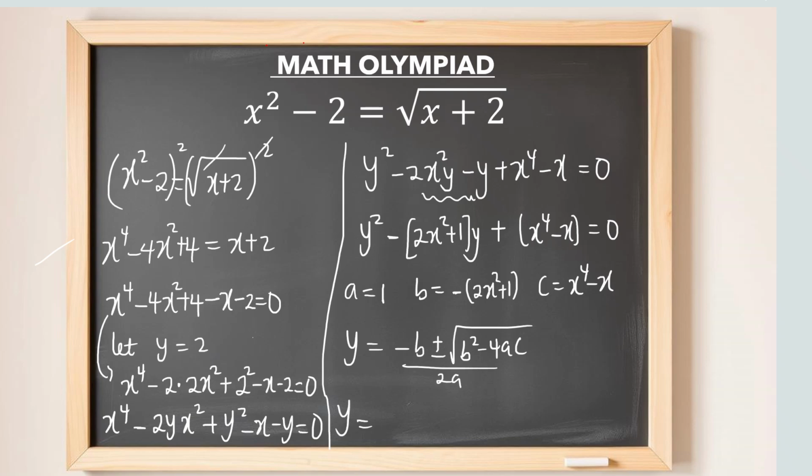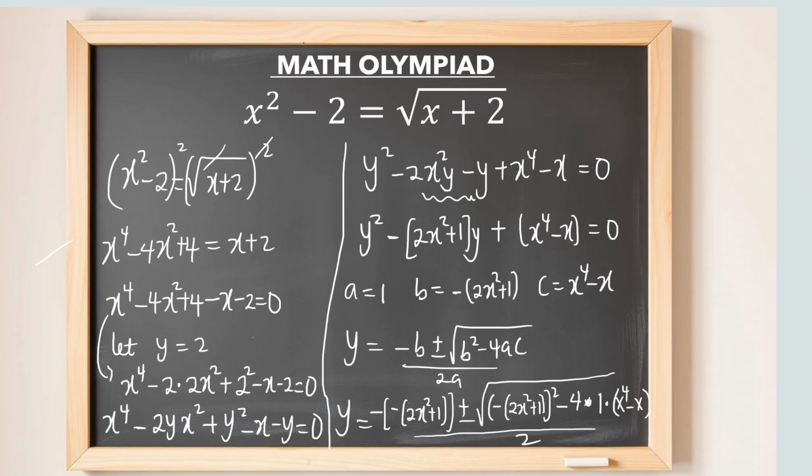Here, my y is going to be minus b, which is 2x squared plus 1, plus or minus the square root of b squared, which is negative (2x squared plus 1) squared, minus 4 times a, which is 1, and my c, which is x to the power of 4 minus x. Everything is going to be over 2.